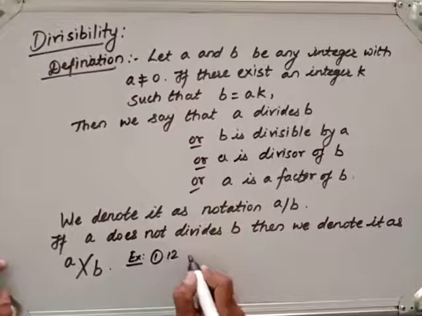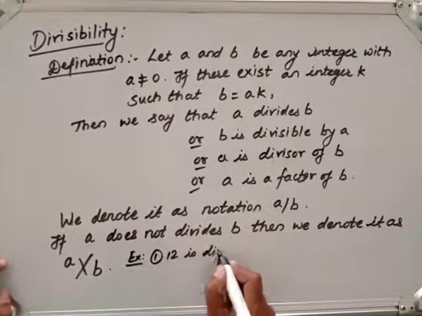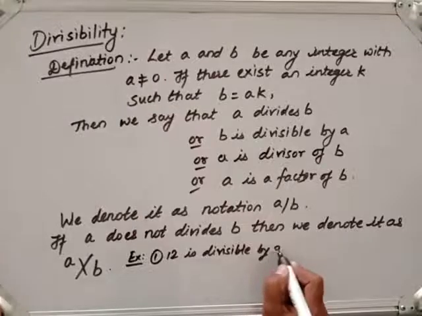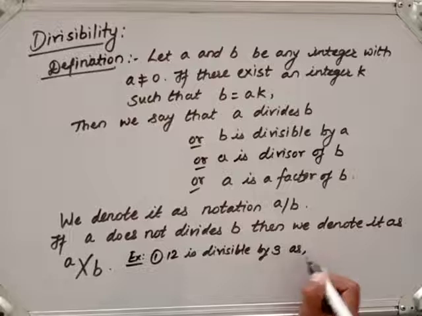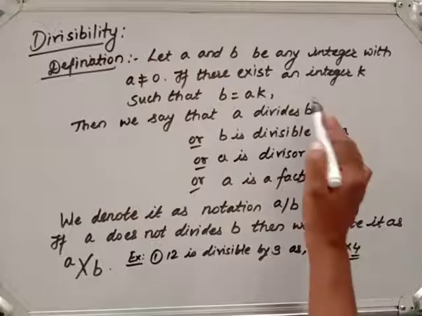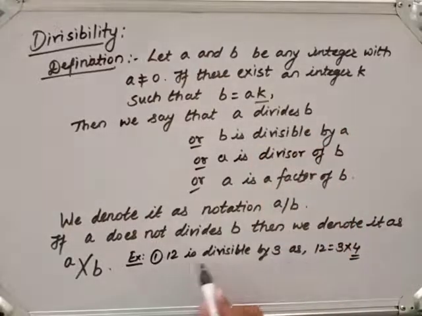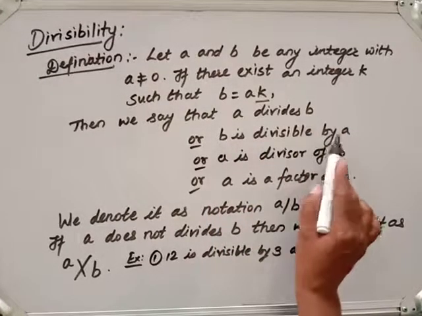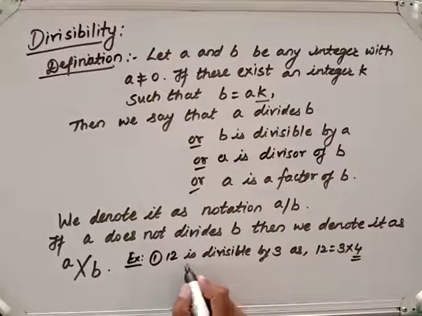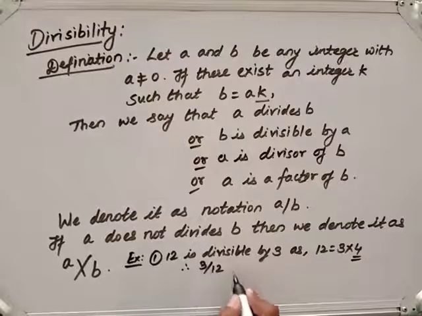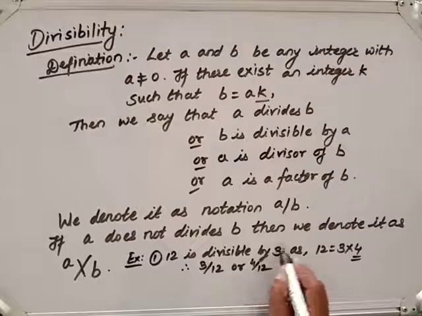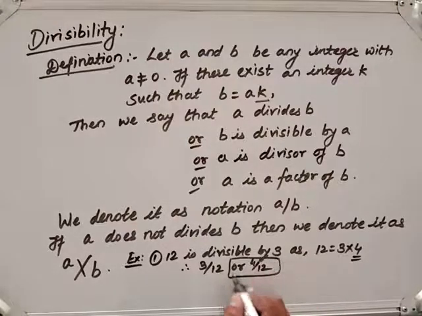Suppose 12 is divisible by 3. So 12 can be written as 3 multiplied by 4, so there exists such an integer. So a divides b, that is, 3 divides 12. Or I can say 4 also divides 12, that is, 12 is divisible by 4.